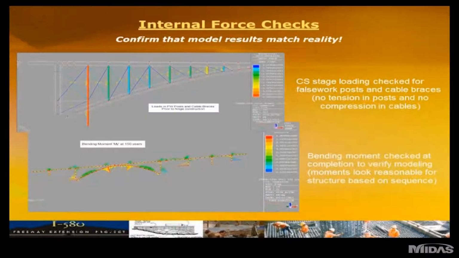With Midas Civil, obviously, we needed to do some checks and balances to make sure that the model was matching reality. So there were a number of different checks that I did for false work loading, just to confirm that the false work pipes were completely in compression and not in tension at any time, and checking bending moments visually just to see that everything was looking normal.